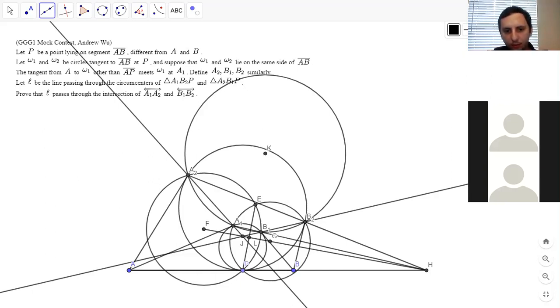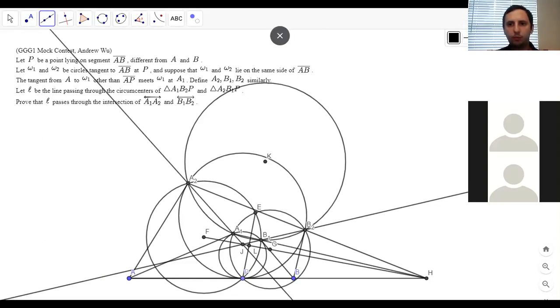Let's think. Let me know if you can think of how that inversion would prove it.